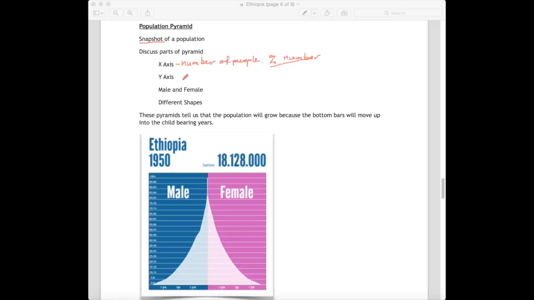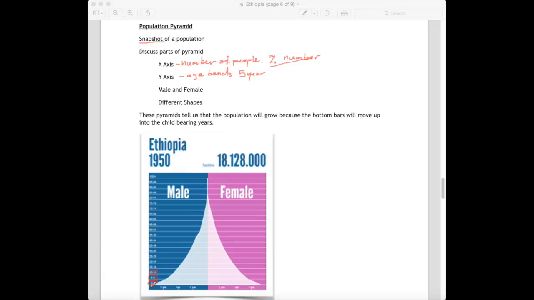On the y-axis you get age groups or age bands. Usually these are in 5-year groups. Here's our population. So here's an age band. Each one of these is an age band.